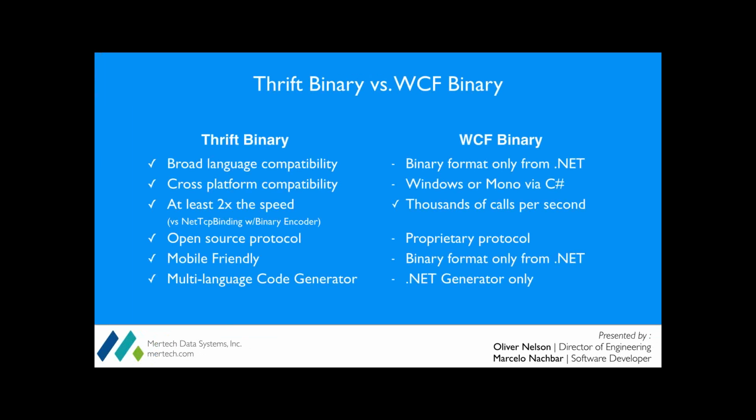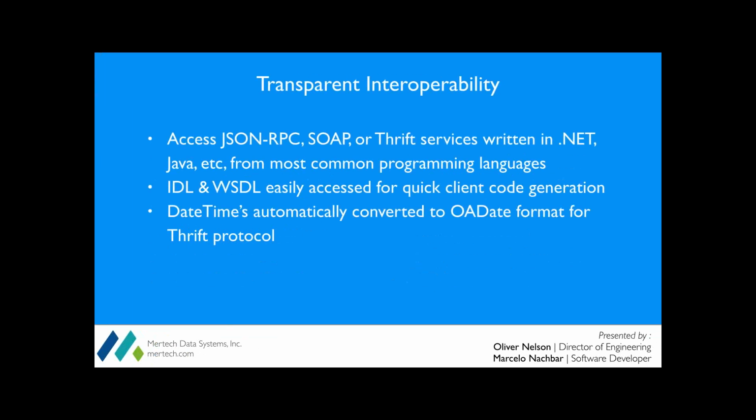And there's also this multi-language code generator that comes with Apache Thrift, which we're going to talk about a little bit more later. And of course, you do have something similar in WCF that will generate .NET code for you from a service contract. But this sort of transparent interoperability that we get is really a big deal.